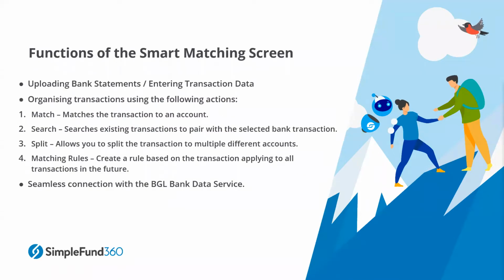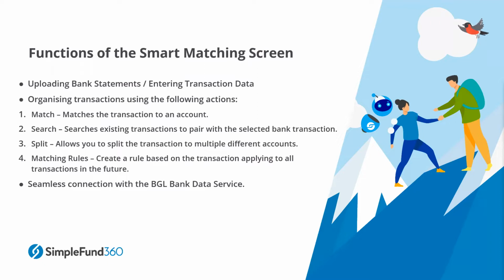Firstly, the functions of the smart matching screen. Now, I'm not going to run through every single option here, all of these points on screen, as we'll be doing them in Simple Fund 360. However, I have put them in the slides just so you are aware of them when you read through the slides in future, if that was required.